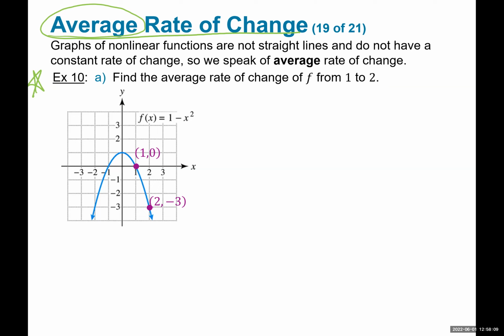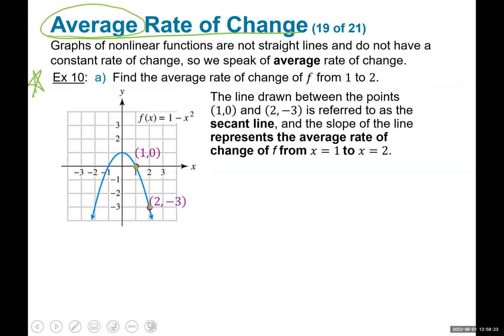So what we'll do here is find the average rate of change of f from the points 1 to 2. So we're picking points on this line and we're still going to do slope, but it's not actually called slope this time. It's called the average rate of change. So we're finding the slope of the line between these points, even though it's not represented by a line.